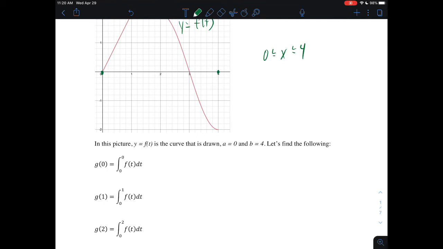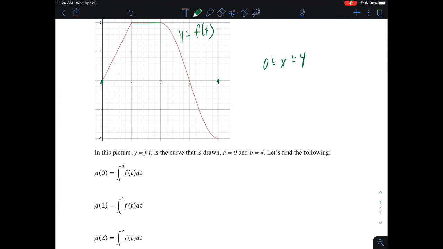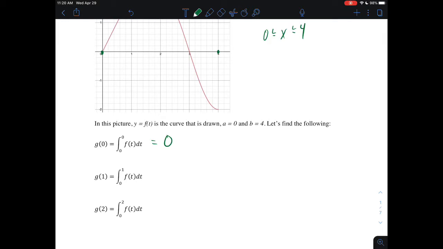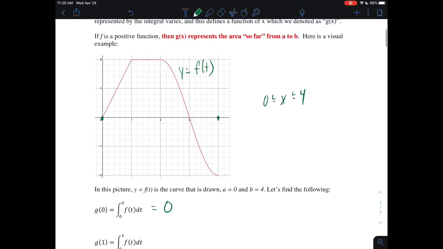First, let's find g of 0, which would be the integral of the function f of t from 0 to 0. This is just 0, from what we saw in the previous section. g of 1 would be the integral from 0 to 1 of f of t dt, which is really just the area under the curve from x equals 0 to x equals 1.